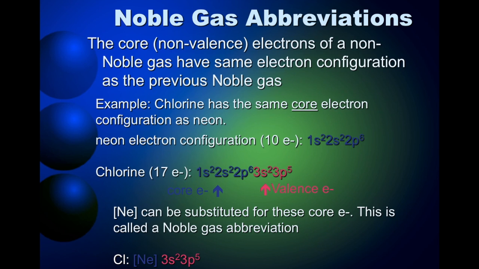To do this, we put the name of the noble gas in brackets, so neon in brackets in this case, and put this where the core electrons would go. So for chlorine, we'd have neon in brackets, 3s2, 3p5. This shows that what's unique about chlorine is the electrons in the third shell, but for the second and first shells, chlorine has exactly the same electron configuration as neon.